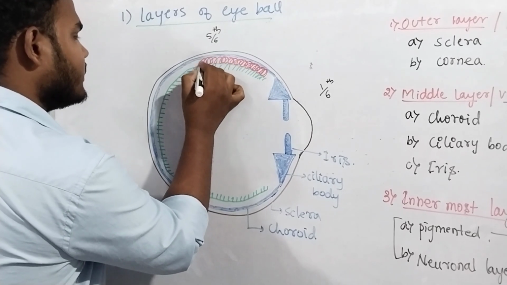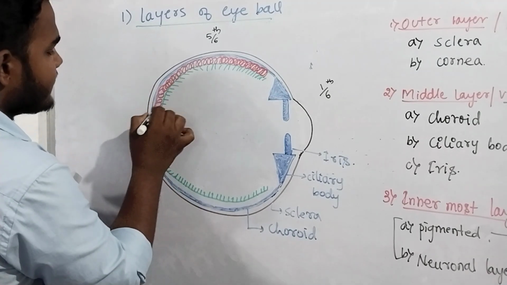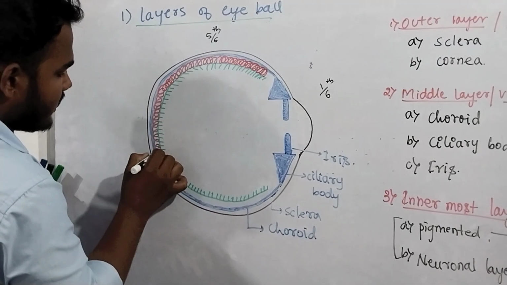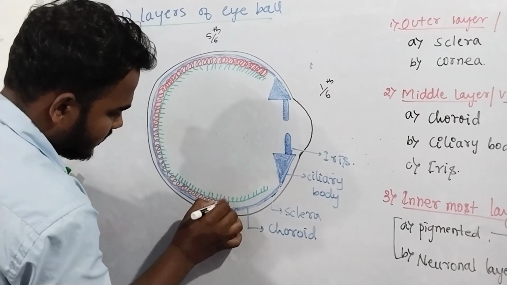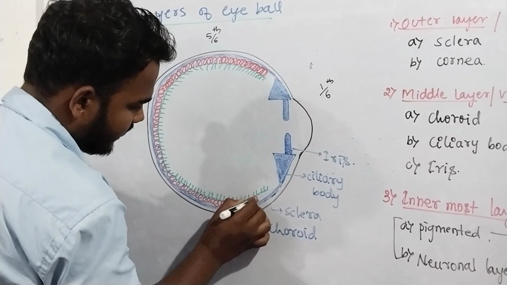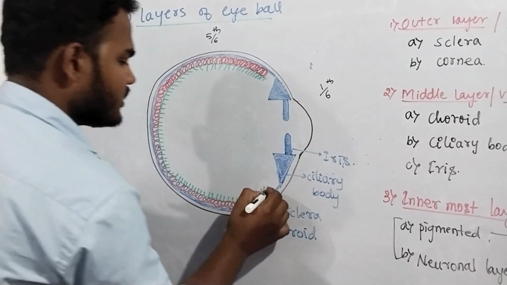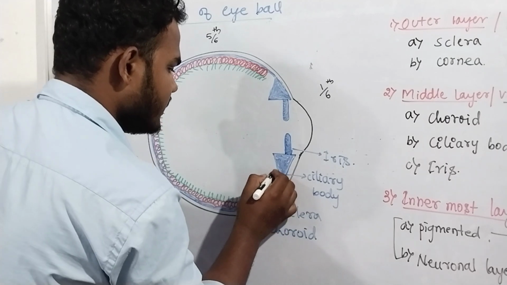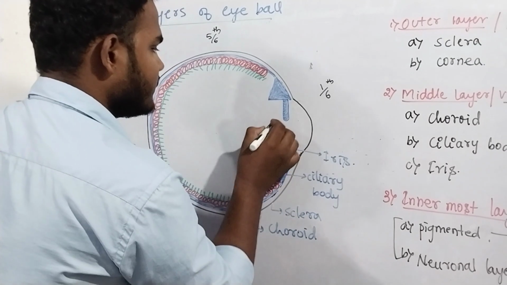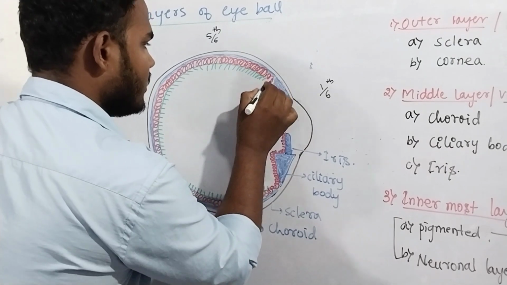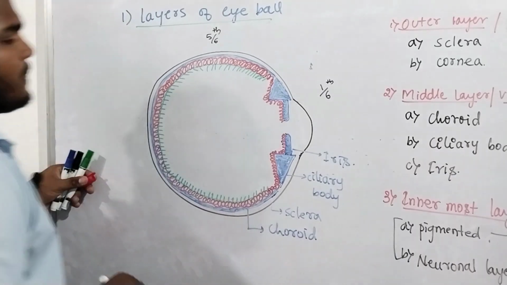This pigmented layer is attached to a vascular layer, and it continues over the ciliary body and over the iris.